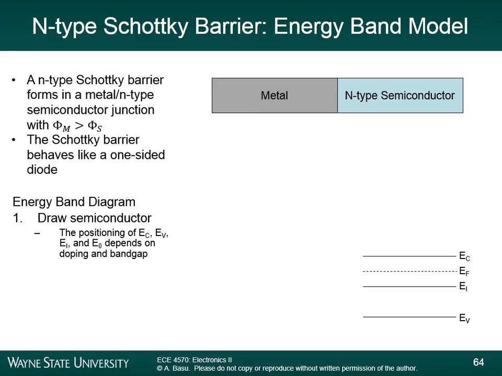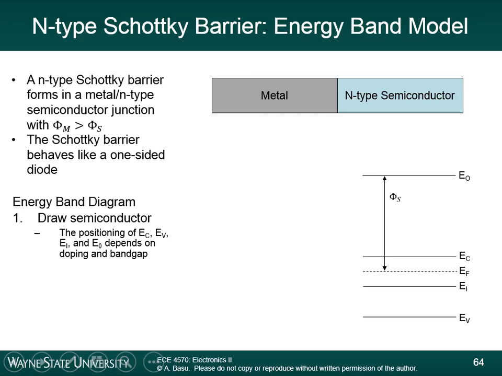The next step is to draw E0. This is something we haven't done before, but it's very easy to add to your band diagram. You'll typically be given the electron affinity, the difference between EC and E0. That's 4.05 electron volts for silicon.